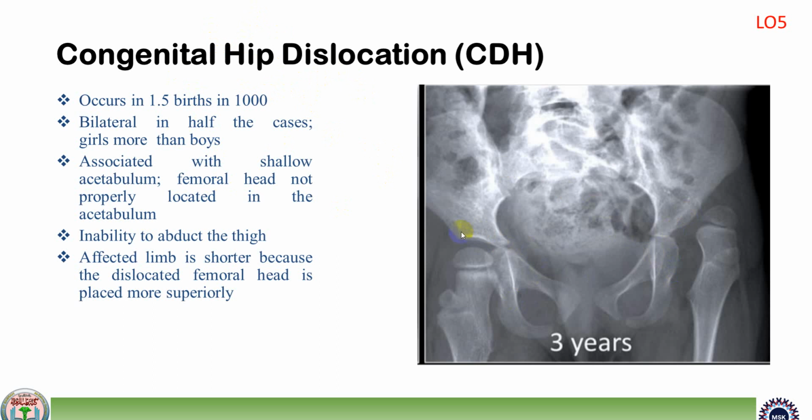This is normal, you see how deep the socket is. Here it's shallow, and the head of the femur is driven backward and upward. This causes the affected limb to become shorter than normal because the head is driven superiorly.